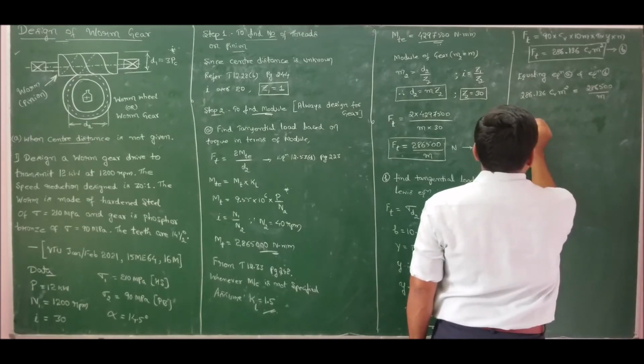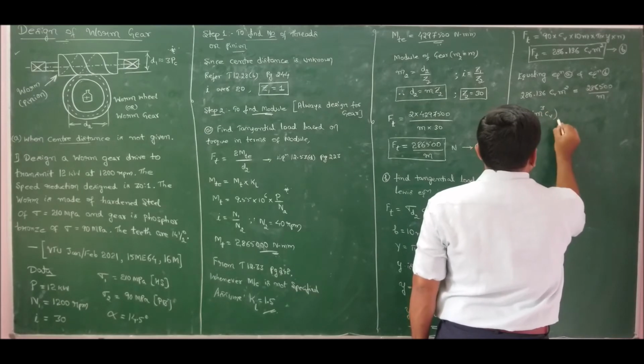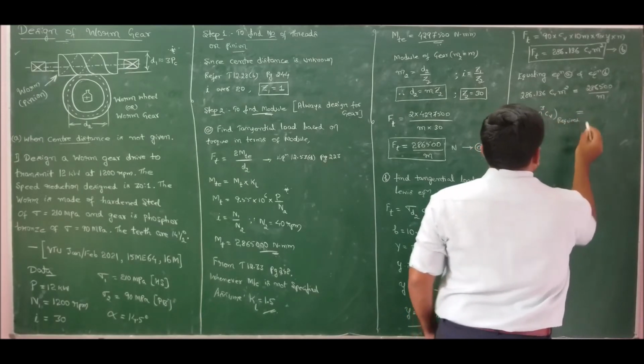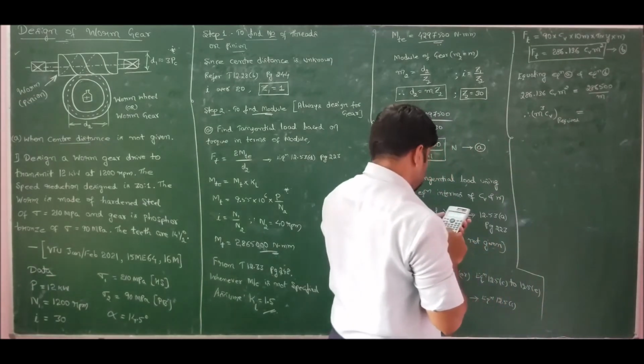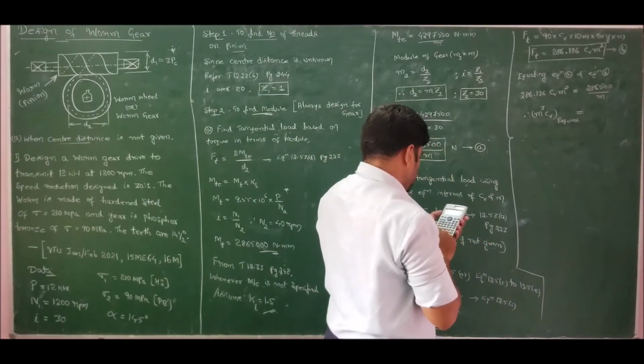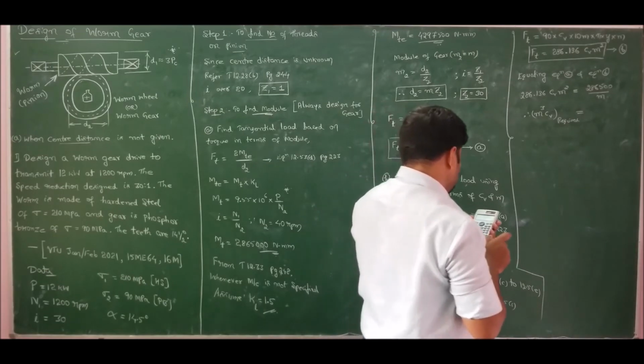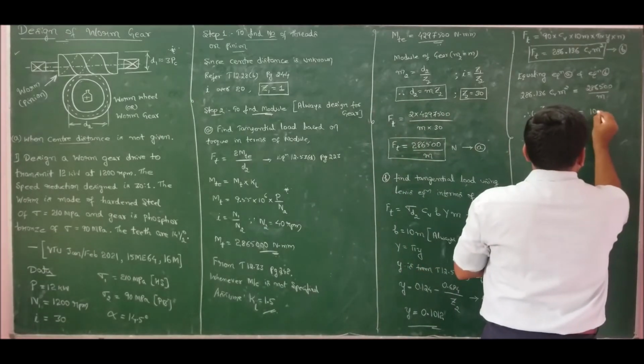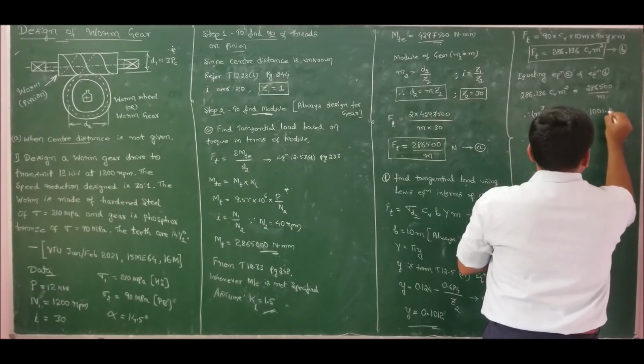So m cube CV required will be 286,500 divided by 286.136, which is 1001.27.